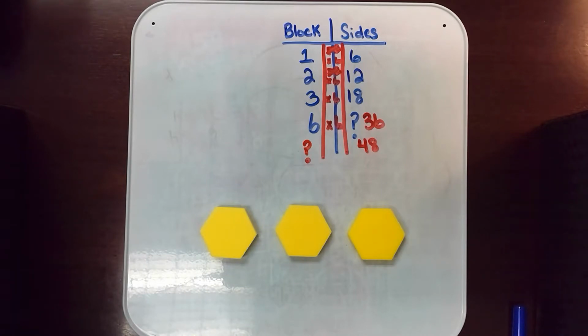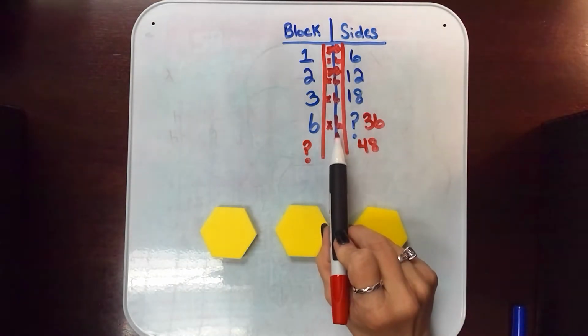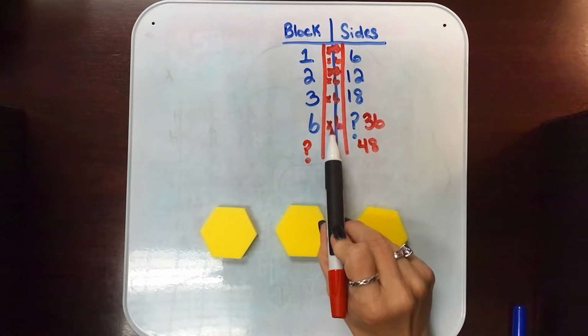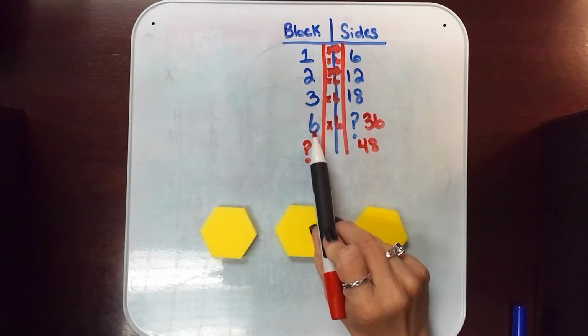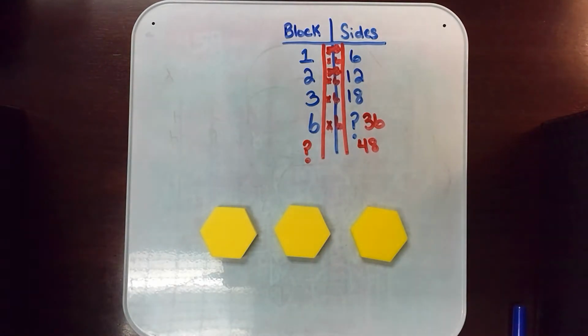I can also say that the number of sides is 6 times as much as the number of blocks. So I can use those verbal descriptions while I'm working on my table as well.